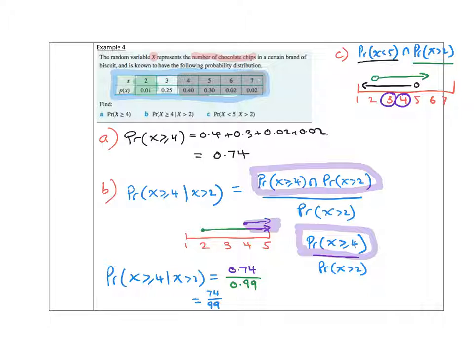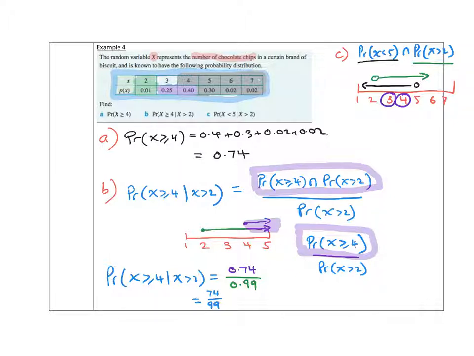So the probability that x is less than 5 and greater than 2 is just the probability of 3 plus 4. So it's 0.25 plus 0.4. So again, putting it back into context of the question, remember our goal is to find x is less than 5 given that x is greater than 2.